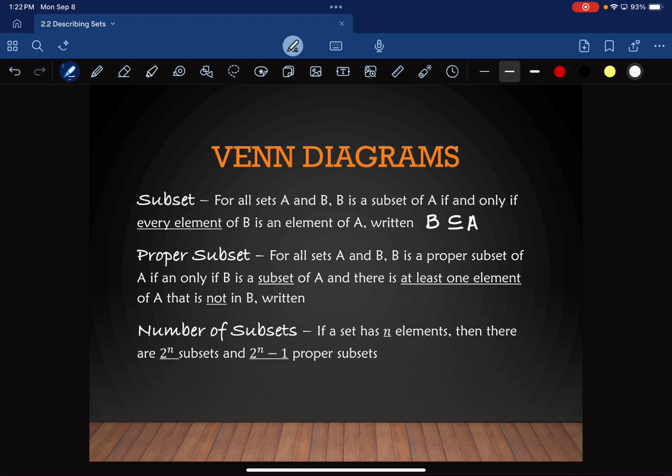Proper is an adjective describing subset, so it has to be a subset first, and there's at least one element of A that is not in B. The way that this is written looks just like that notation before, but it doesn't have the equals underneath it. So literally what this means, without that line underneath it, is that they can't be the same thing. But on the first one, they could be.